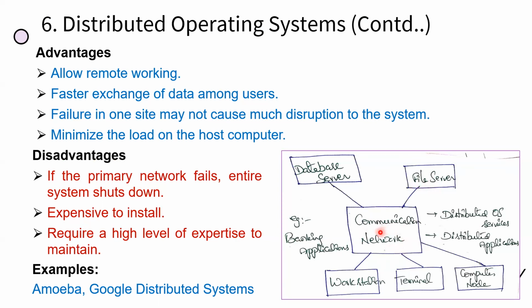As compared to other operating systems, installation of a distributed operating system is very expensive. It also requires a high level of expertise to maintain. Examples of distributed operating systems are Amoeba and Google distributed systems.